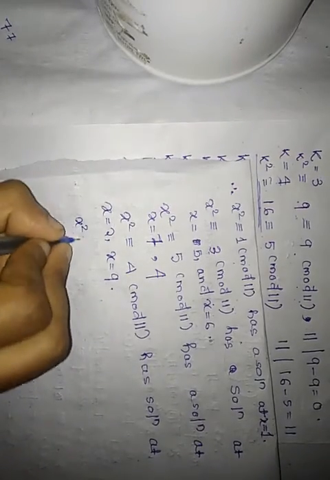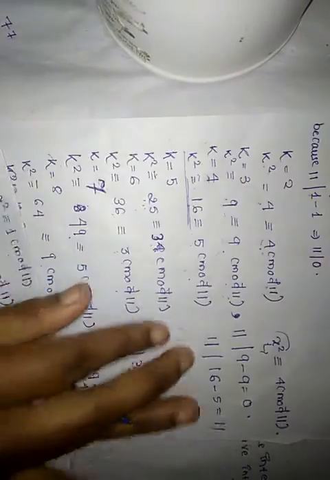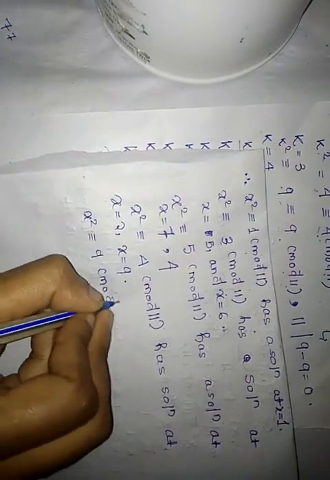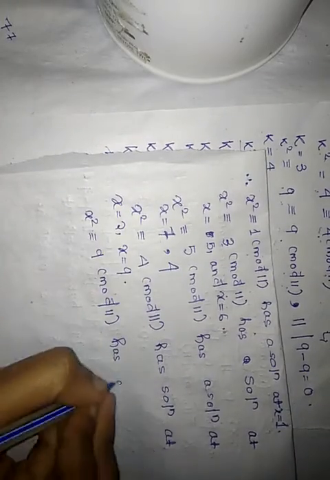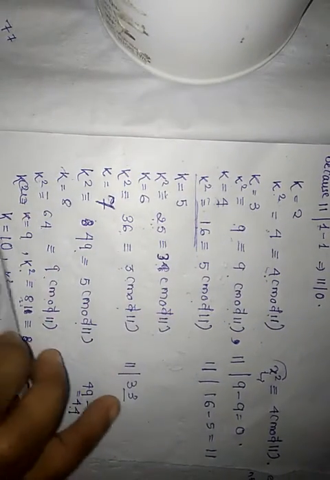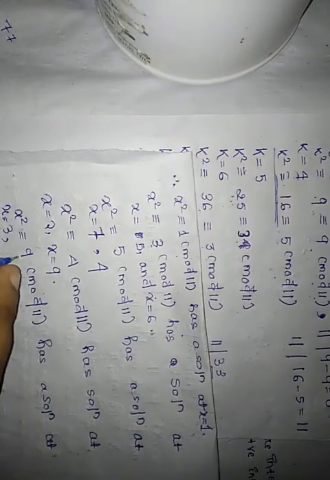Again, the last one, x squared is congruent to 9 mod 11, has a solution at x equal to 3 and at x equal to 8.